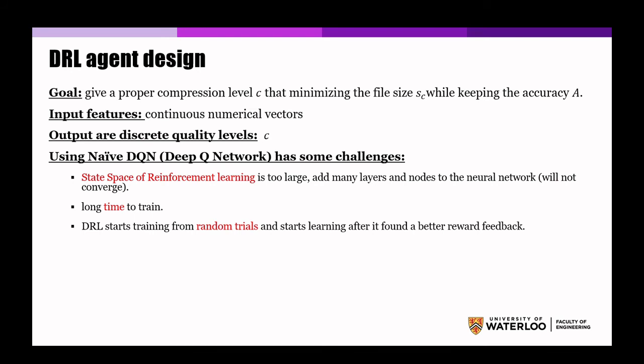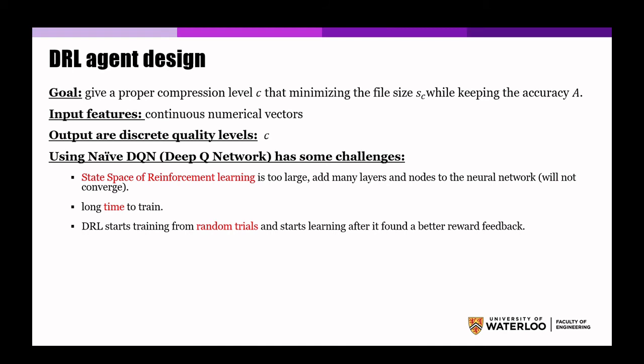The naive way to design a deep Q neural network has some challenges, as in this application the state space of the reinforcement learning is too large to preserve enough details. We have to add many layers and nodes to the neural network, making the DRL agent extremely difficult to converge.